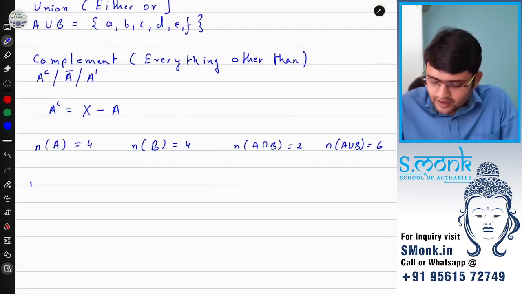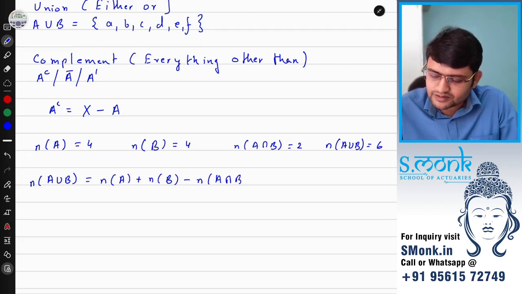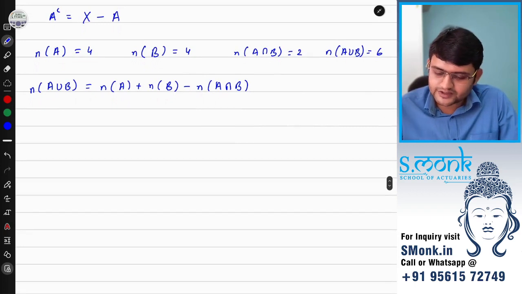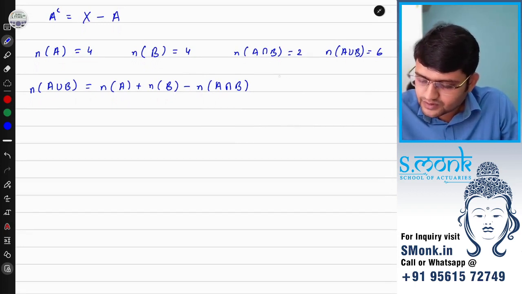The number of elements in A union B is nothing but the number of elements in A plus the number of elements in B minus the number of elements in A intersection B. That is the formula, and it can be explained very easily using Venn diagrams.